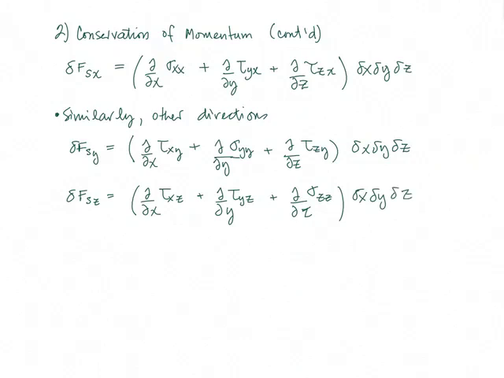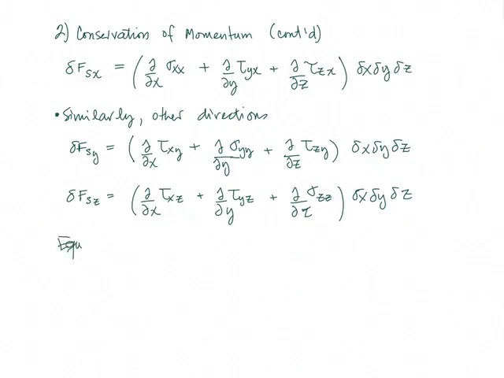So now we can write the resultant force. The resultant surface force is going to be the sum of dfsx plus dfsy plus dfsz. We've written here the three terms with the respective normal unit vectors. So now we can see that we can write the equations of motion.